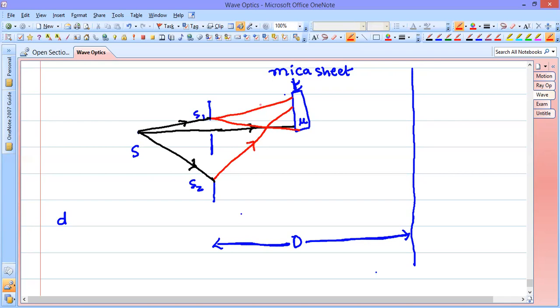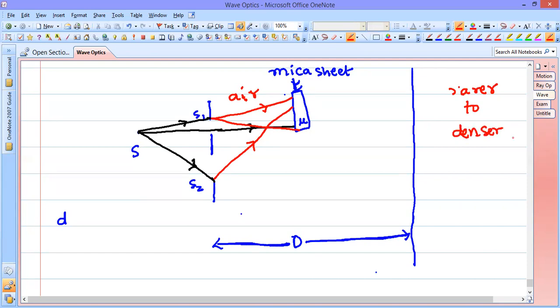Okay, since here it is air medium, the light ray is moving from air medium, a rarer medium, to a denser medium, right?